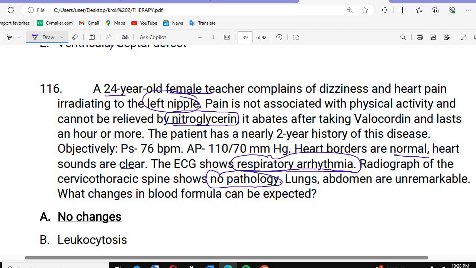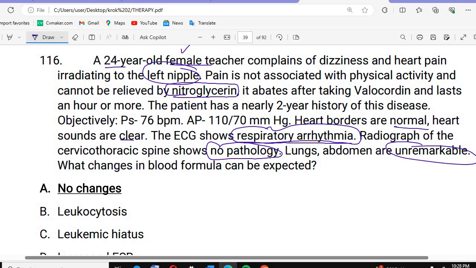Lungs and abdomen are unremarkable. As I told you, if there is involvement of any organ, there will be some pathology. Here the patient is female, and this is the same question that we have done. The pain is not associated with physical activity, so again it is somatoform autonomic dysfunction. No organic disease is there, so no changes can be expected.